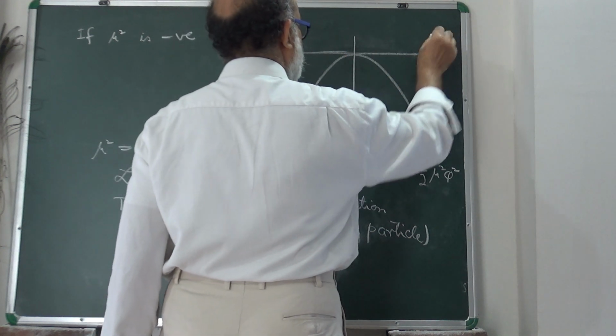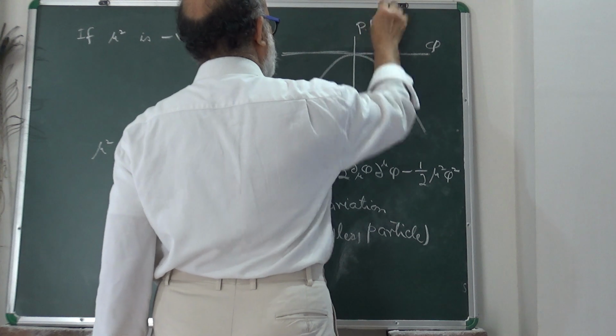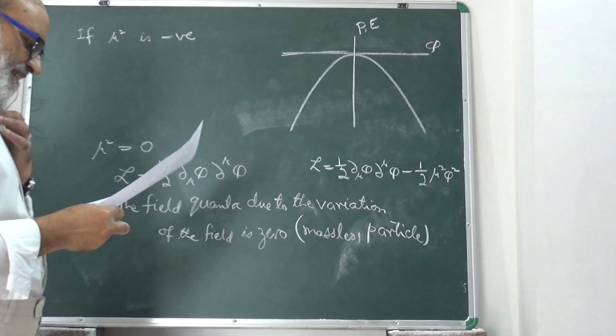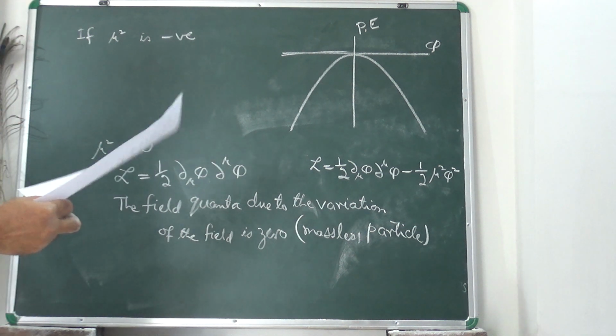This is the field value, and this is the potential energy. That is, the parabola is upside down.